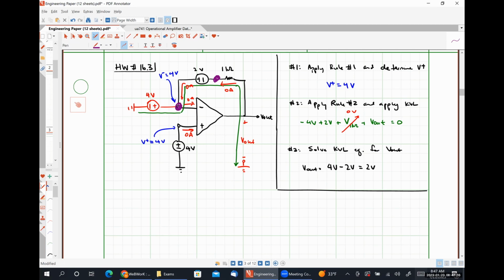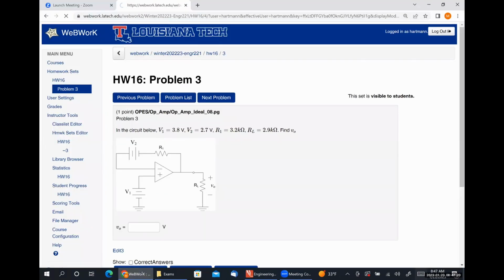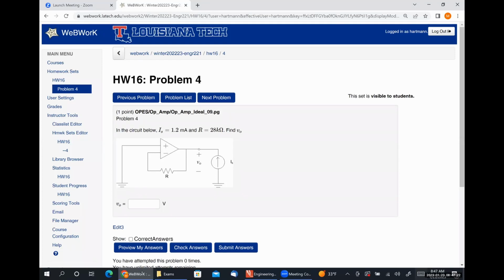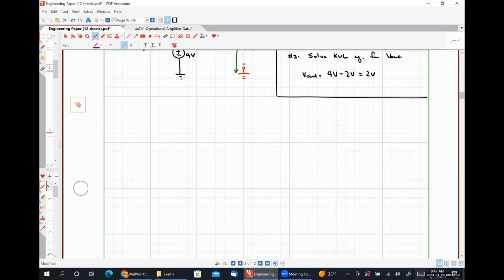All right. Let's look at our fourth homework problem. I like this one. You guys generally don't care for it. So we have our op-amp circuit.